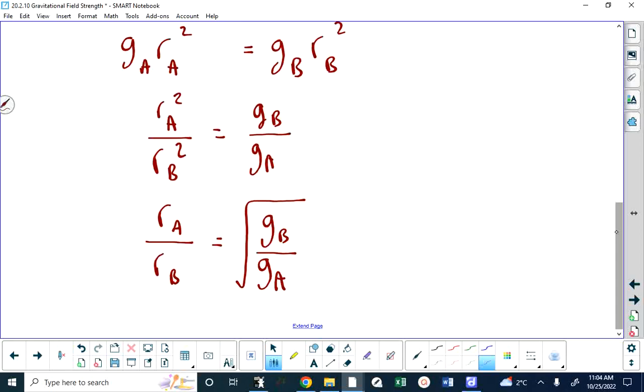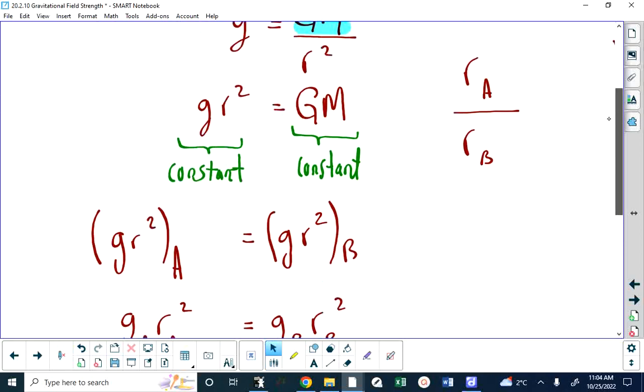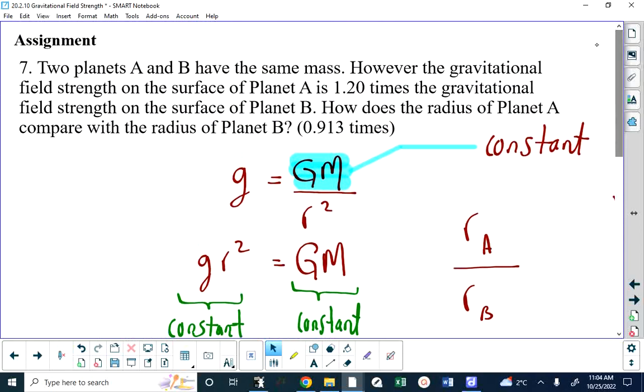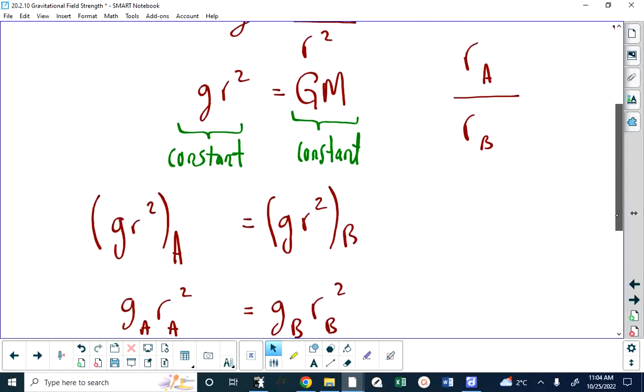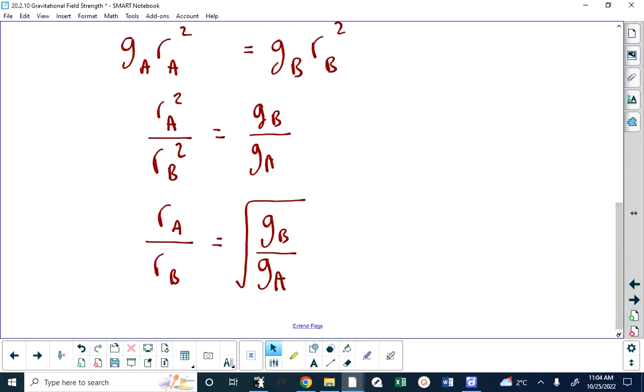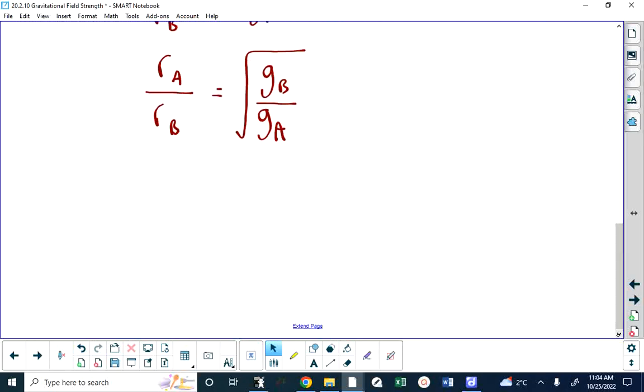Let's try this now. What does it tell you? The gravitational field strength on A is 1.2 times the gravitational field strength on B. So what we can do here is this.